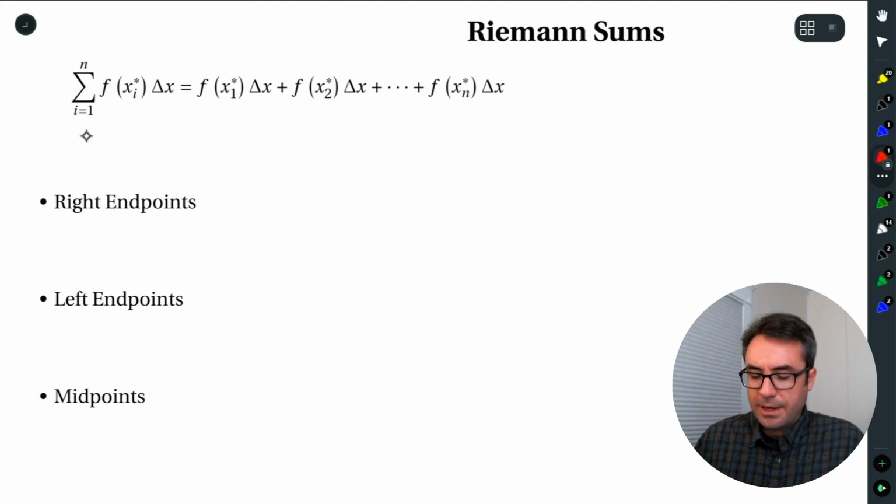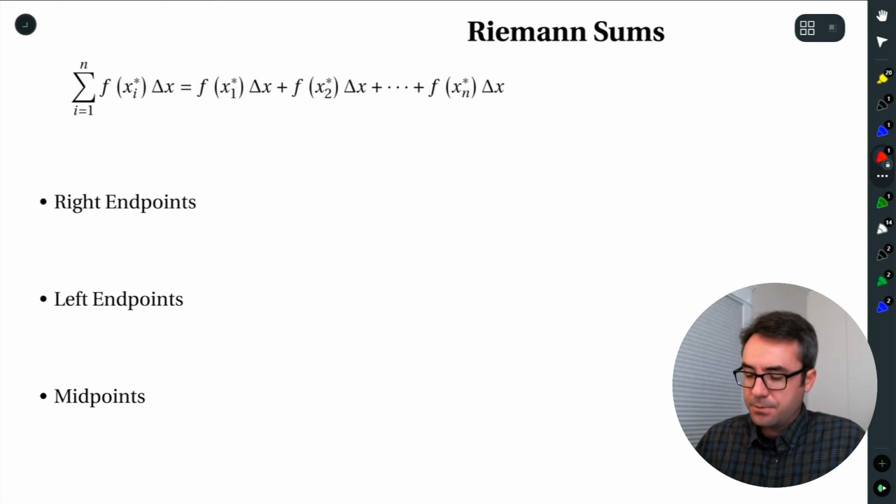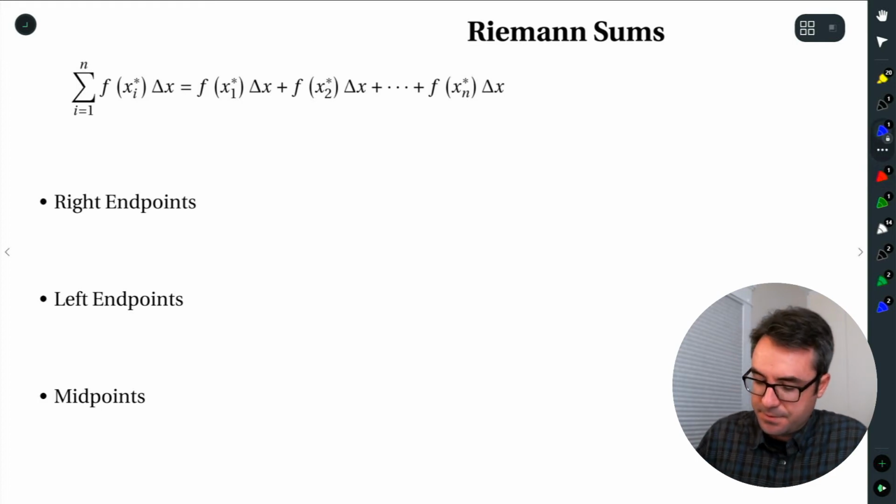So what we're calculating in each of those cases, the distance and the area, is what we call a Riemann sum. And so this is when we calculate the sum from i equals 1 to n for some number of subintervals here. So again, think of n as the number of subintervals.